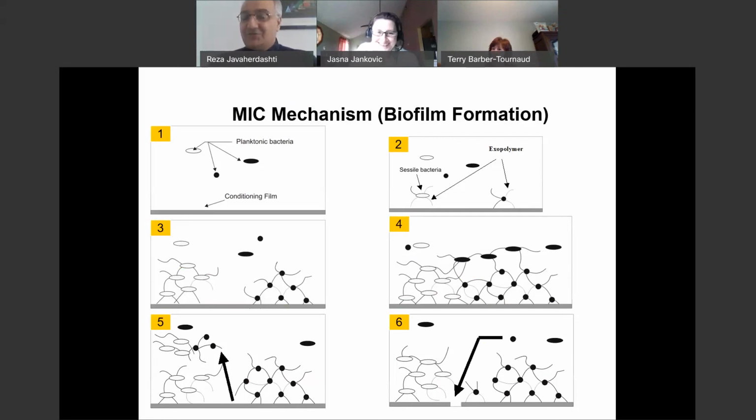As you may remember, I said that when we look at step number 5, here a part of the biofilm has been taken off. Therefore, oxygen is higher there in comparison to its adjacent point. So you have two venues, one with high oxygen pressure, another with low oxygen pressure.